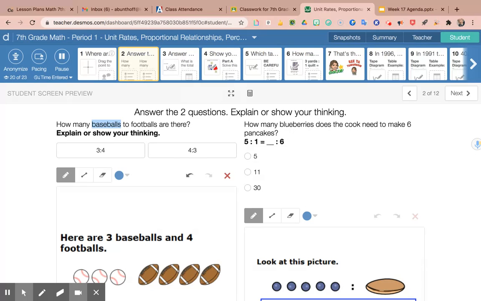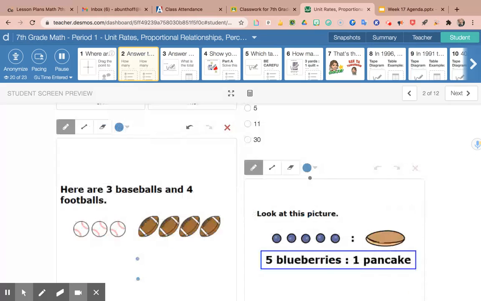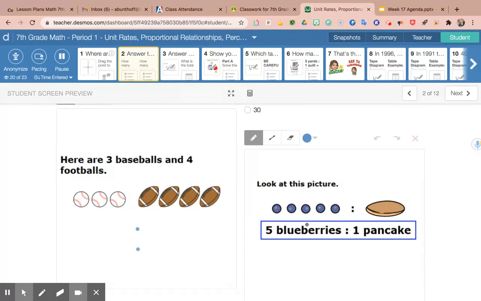And then question 2 says, how many blueberries does the cook need to make 6 pancakes? So look at this picture. 5 blueberries makes 1 pancake. So they want to know how many blueberries for 6 pancakes. So how do I go from 1 to 6?